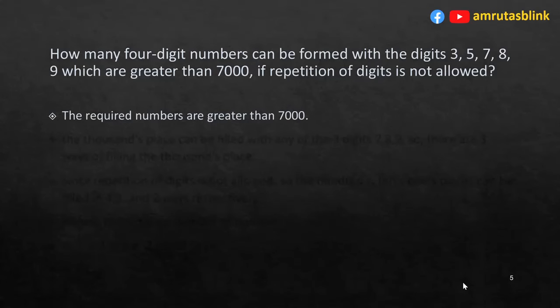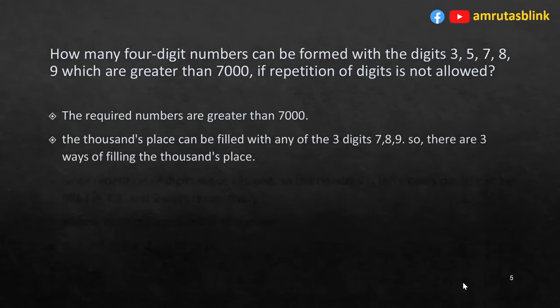Now the required number which we want to create is greater than 7000. So the thousands place can be filled in 3 ways, that is we can have either 7 or 8 or 9 at the thousands place, because if we place 7 at the thousands place, then whatever the number is, let's say 7001, this number is also greater than 7000.